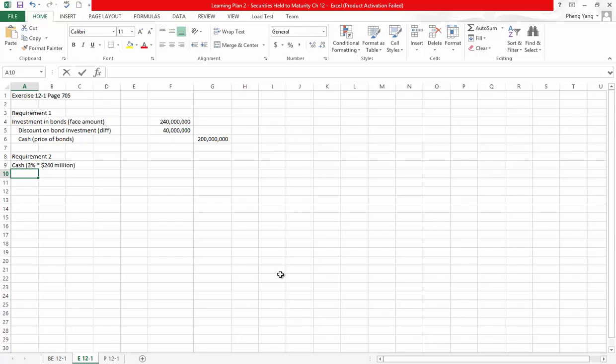My debit also is going to be discount on bond investment. And my interest is going to be the credit because we are recording interest revenue here. Once again, the interest yield is 8%, but we are calculating interest semi-annually, so it's going to be 4% times the 200 million.